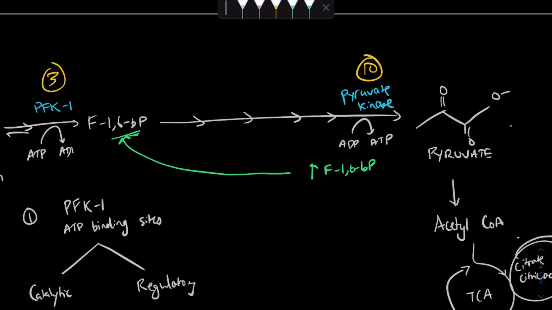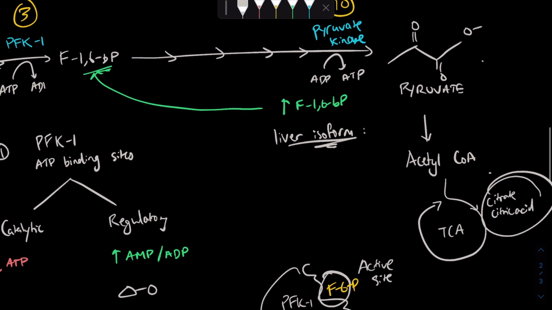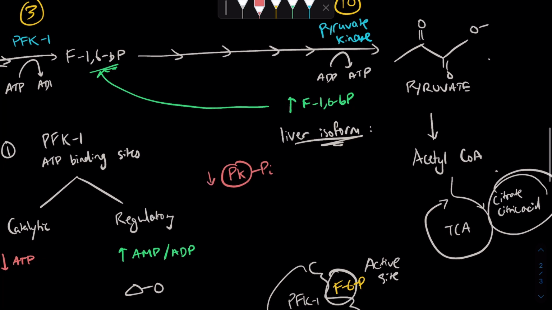And out of those 4 isoforms, specifically the liver isoform, which is only one of 4, a rare isoform, PK in the liver also has a bit more complexity to it. So when PK in the liver is phosphorylated, it's going to lower its activity. And when PK is not phosphorylated, it's going to work more.